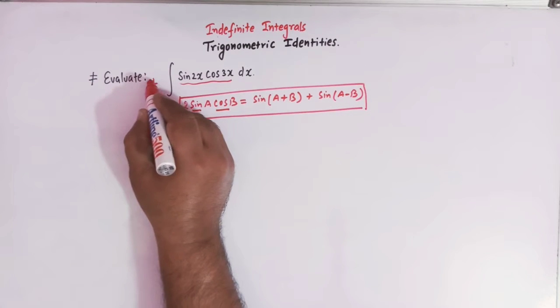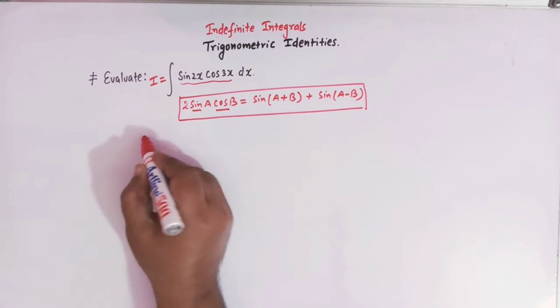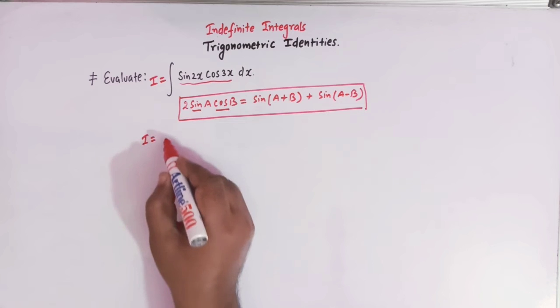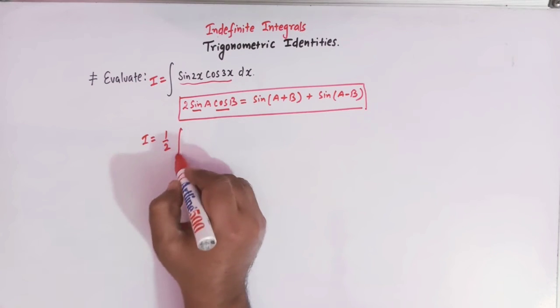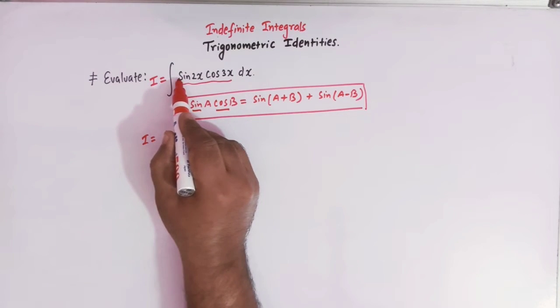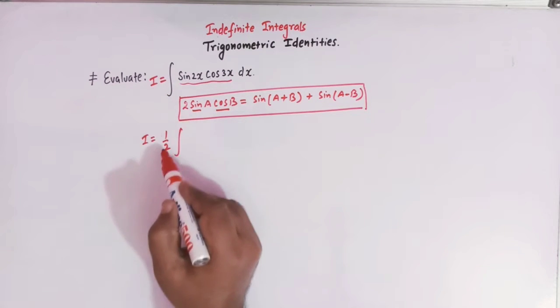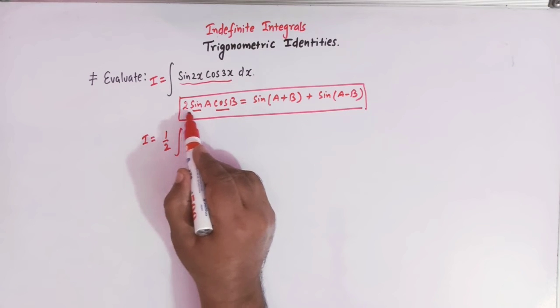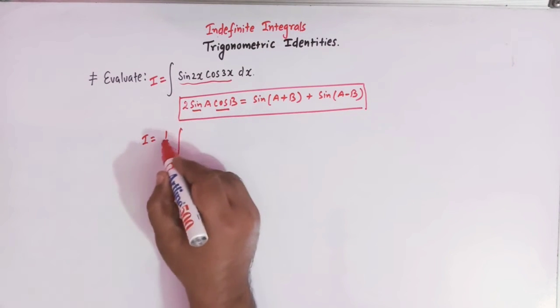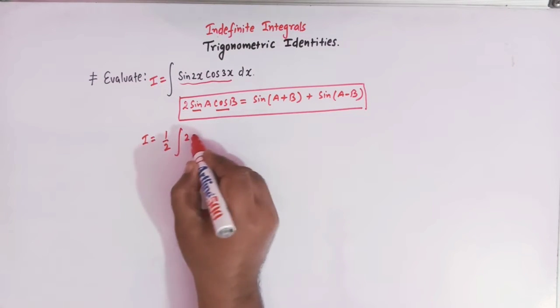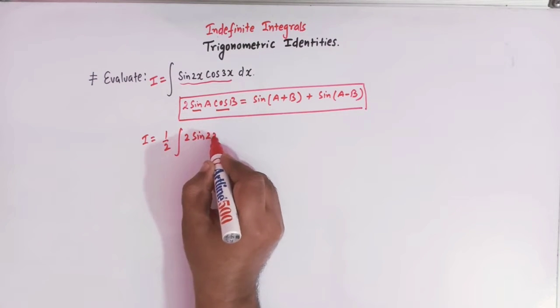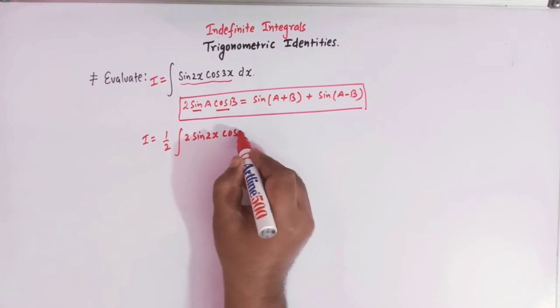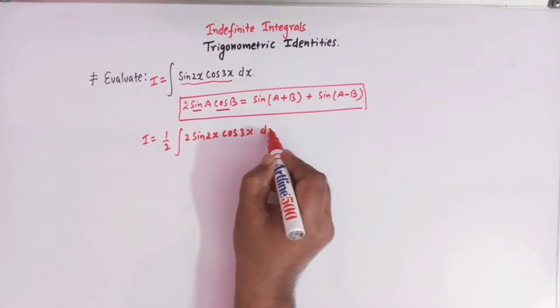Let us call this integral I. We can now write I as half, multiplying the integrand by 2 and dividing by 2, in order to get the form 2 sine a cos b. So we write half times 2 sine 2x cos 3x.